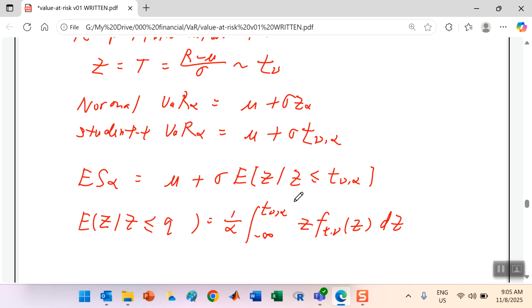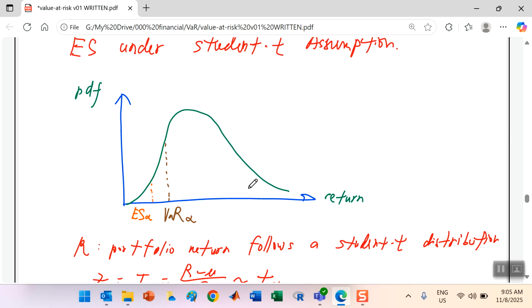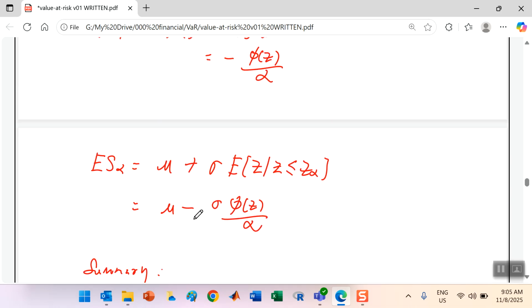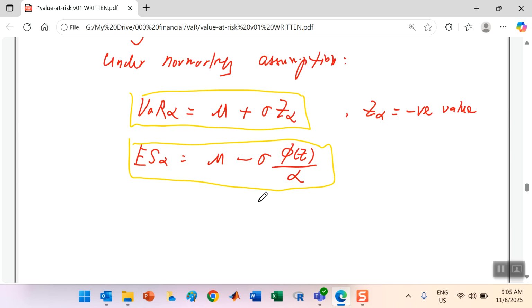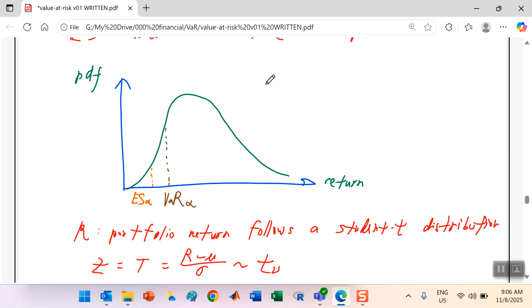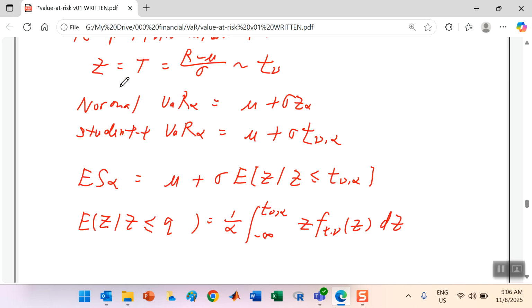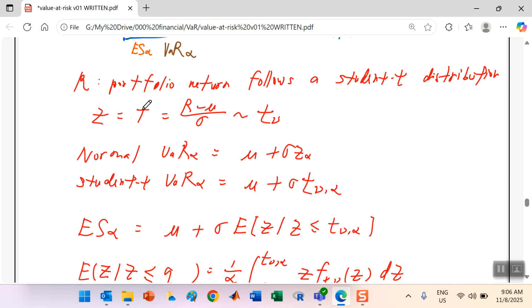Therefore, you can compare the E of Z with the z value we defined earlier. Of course, this one is student T, but we still use the random variable z, which is actually the T.